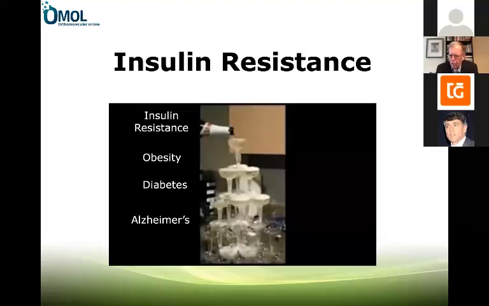And as that level builds up, it spills over into heart disease, Alzheimer's, and a wide variety of other chronic diseases. So to effectively treat diabetes and all of the co-related morbidities, our journey starts with basically stopping and reversing insulin resistance.